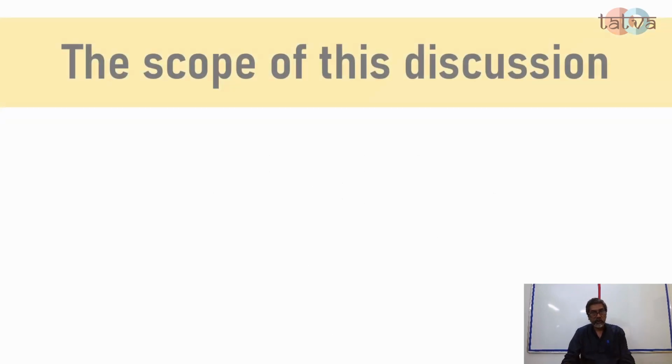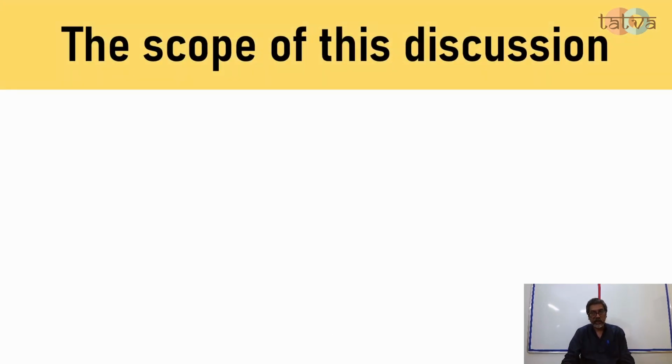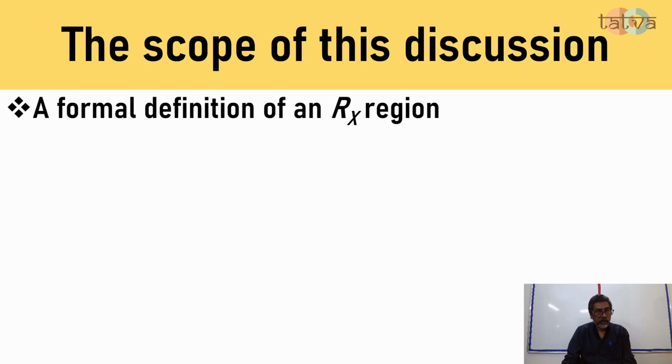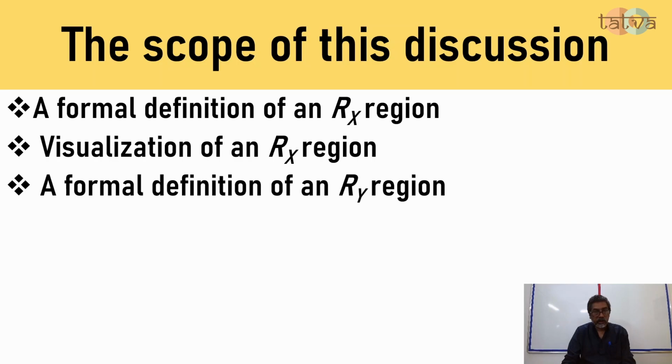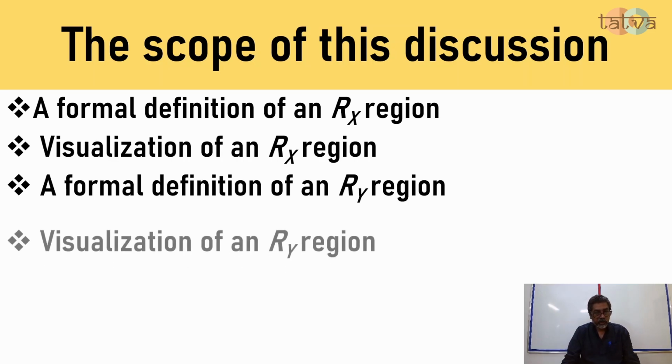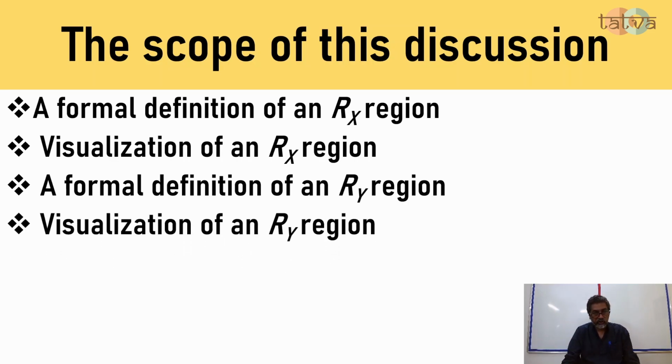Let me give you the formal definition of Rx and Ry, but let me also tell you what's the scope of the discussion. I will formally define what's an Rx region, then visualization of an Rx region, then a formal definition of an Ry region, visualization of the Ry region.